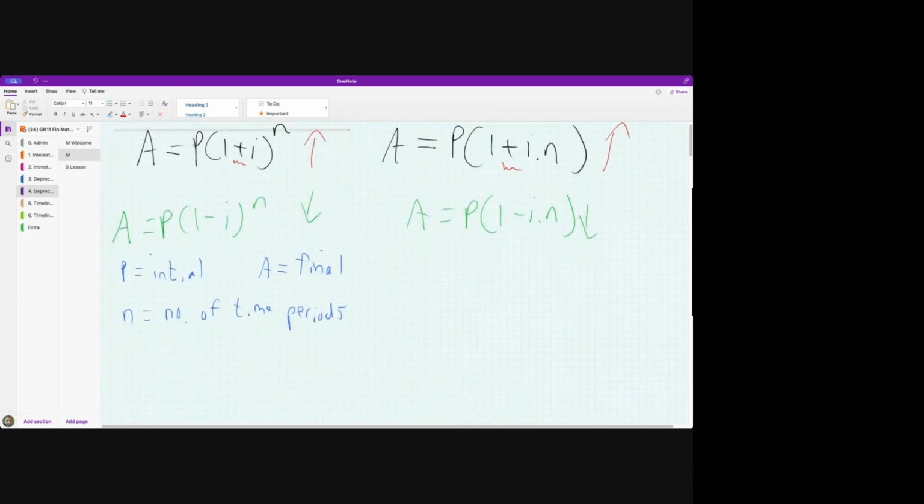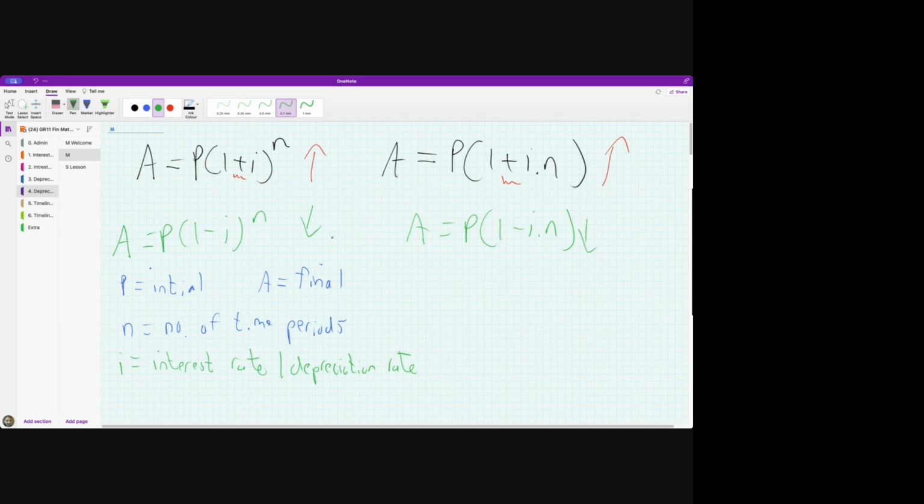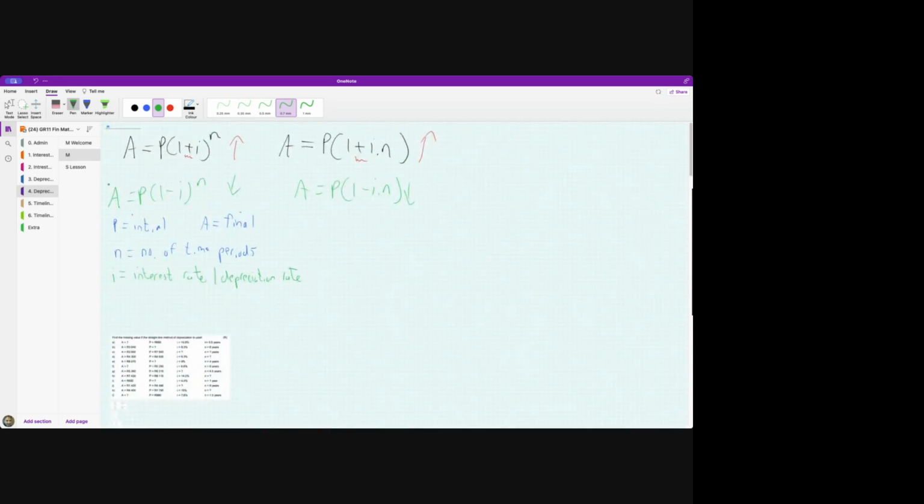If it says compounded quarterly, my time periods should be in quarters. So remember, this isn't years, it's number of time periods. And then I is either the interest rate, if I is positive, or it's the depreciation rate if it is negative. Okay, so that's some important ideas.